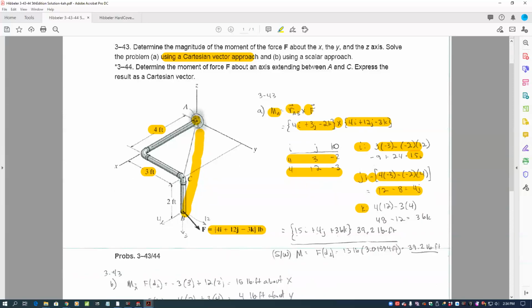And k is 4 times 12 minus 3 times 4, which gives us a positive 36k. So the moment about the origin due to this force is 15i, 4j, and 36k. The square root of the sum of the squares of those is 39.2 pound-feet.